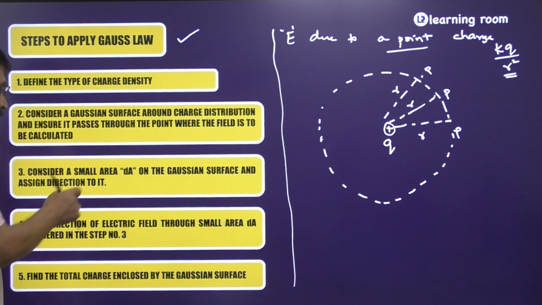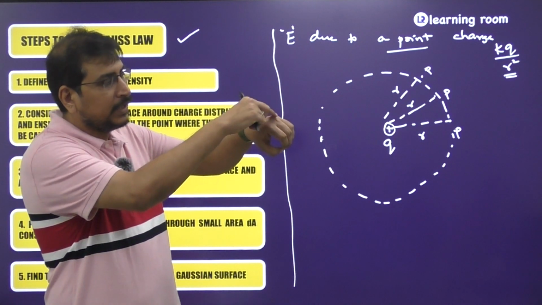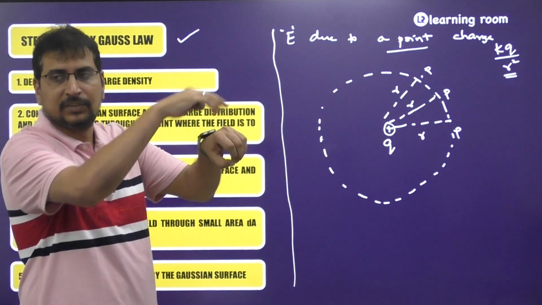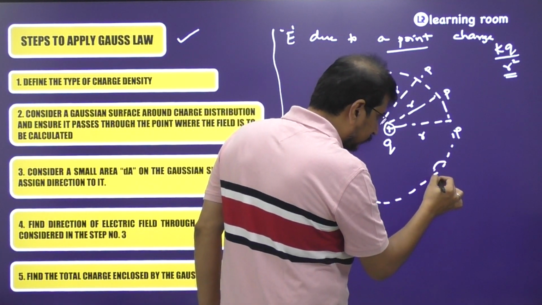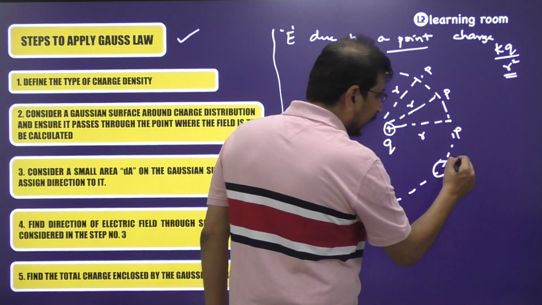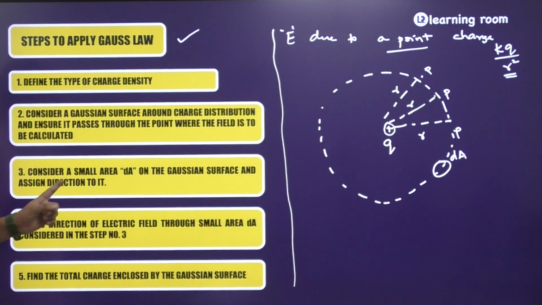Third point, we need to consider a small area dA on the Gaussian surface. Suppose the sphere is like this. If I take this knuckle, for instance, this will be a small area present on the sphere. I'll consider a small area here and assign the value dA to it. Am I clear with the third step?